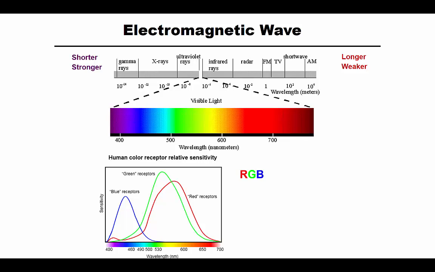These three receptors we call RGB receptors: red, green, blue. Now if you look at this spectrum, if you were to design RGB, would you design it this way? Looks a little strange. Blue is quite unique, but red and green are quite close to each other.